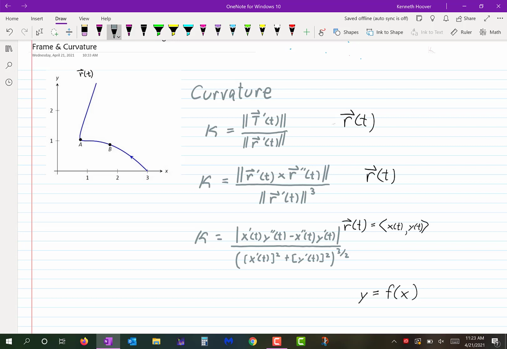We don't cover that in Calc 1 and 2, but we could. And in that case, the curvature is absolute value of f double prime of x divided by 1 plus f prime of x squared raised to the power 3/2.